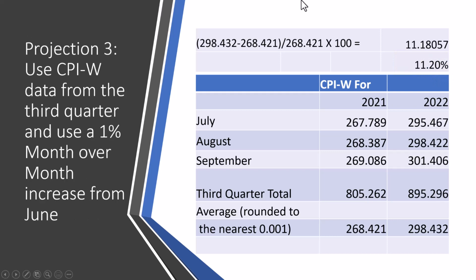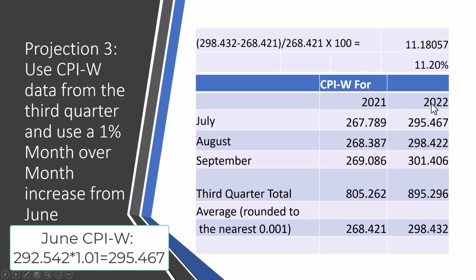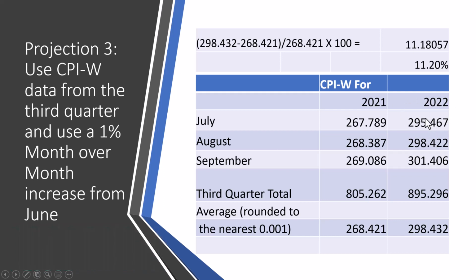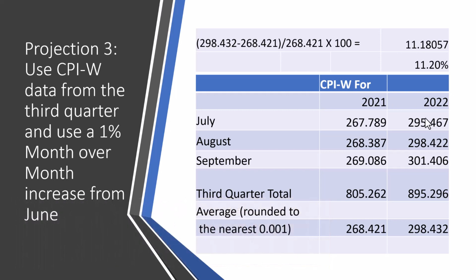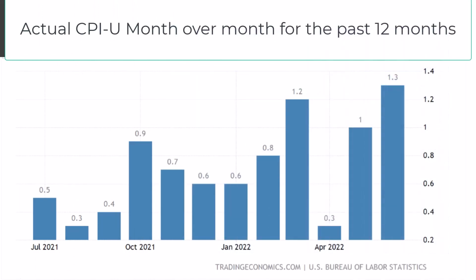9.0%. And for our last example here, this assumes that we take the June number and multiply it by 1%. Their projected rate increase for July is 0.9%. Since the BLS has been projecting it and it's coming in higher than projected, I'm just going to say a 1% increase.